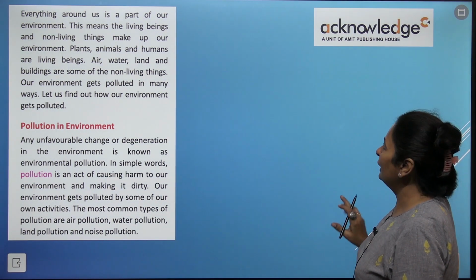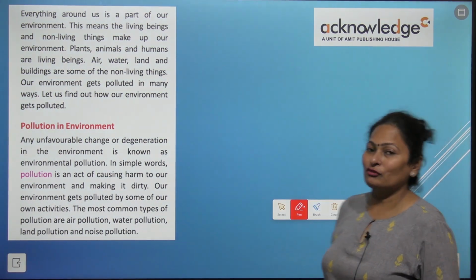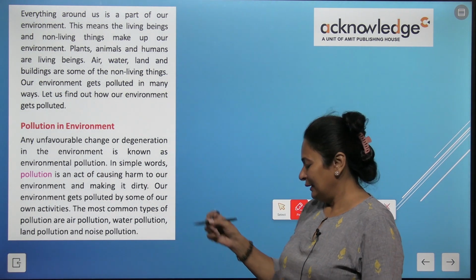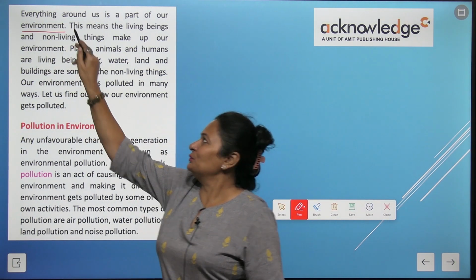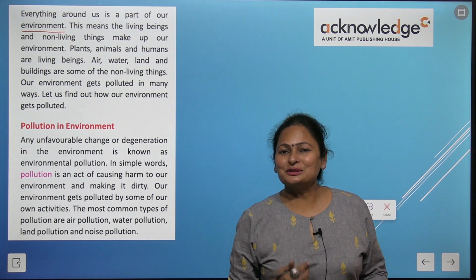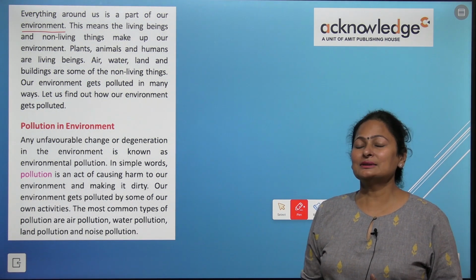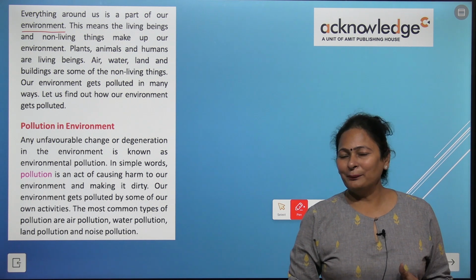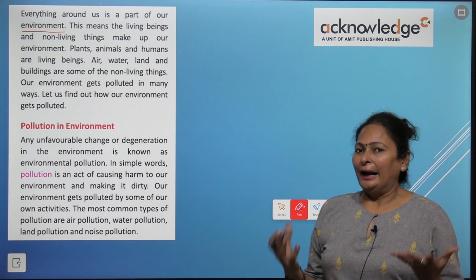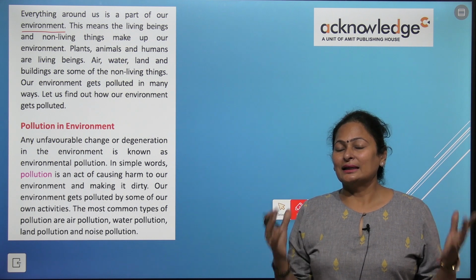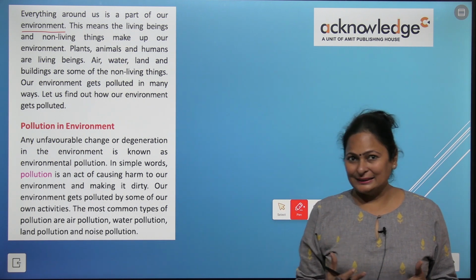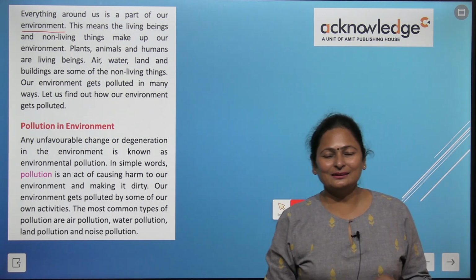Everything around us is a part of our environment. Kids, most of the students get confused between environment and atmosphere. Let me explain the difference. Atmosphere is the layer of gases that surrounds the earth.